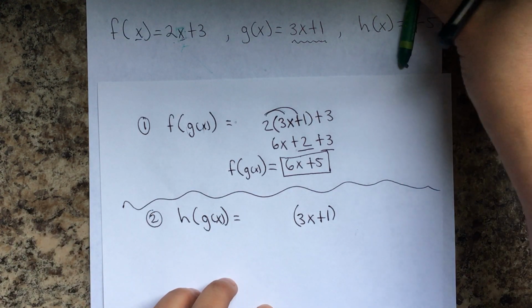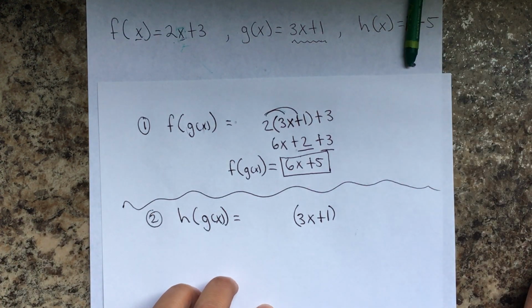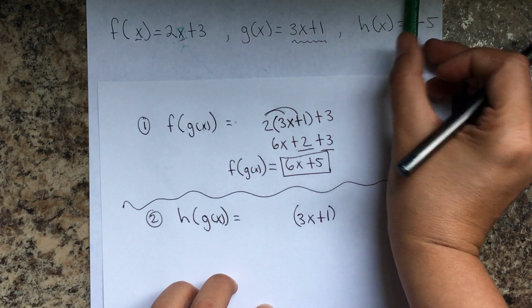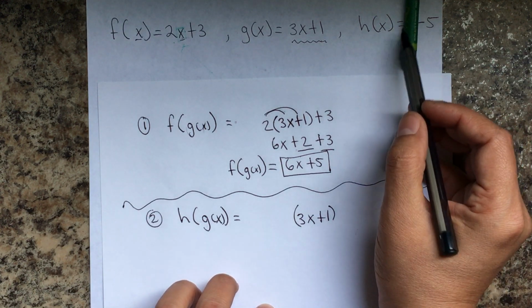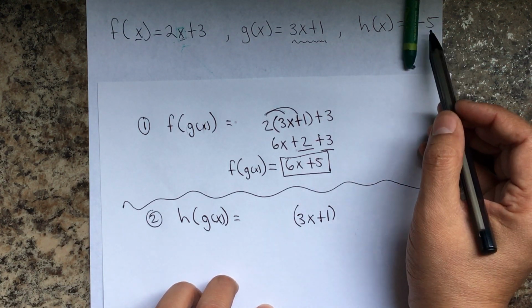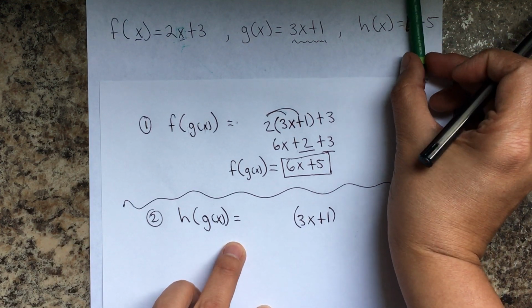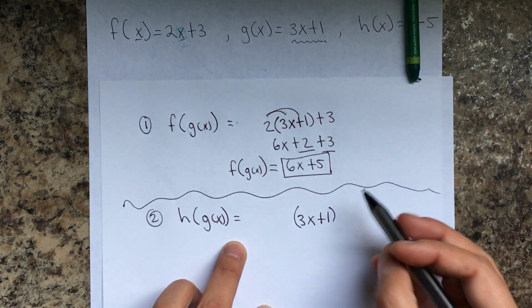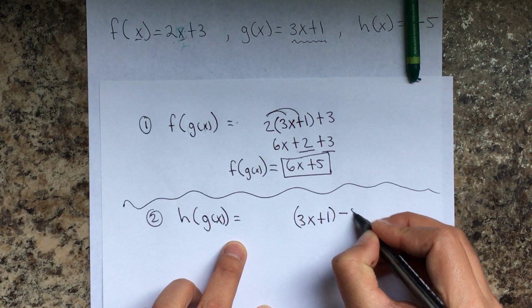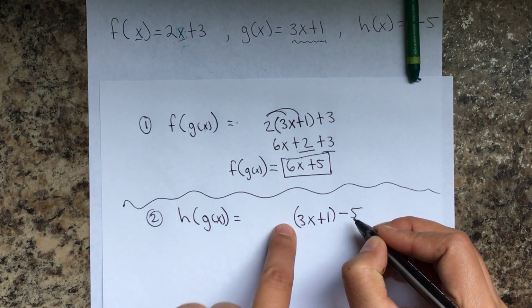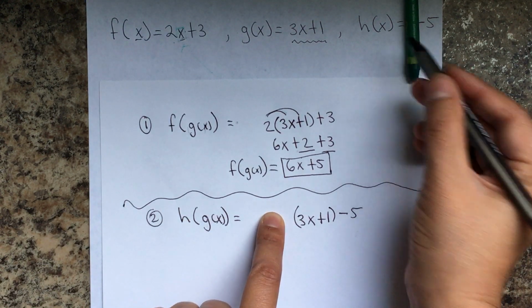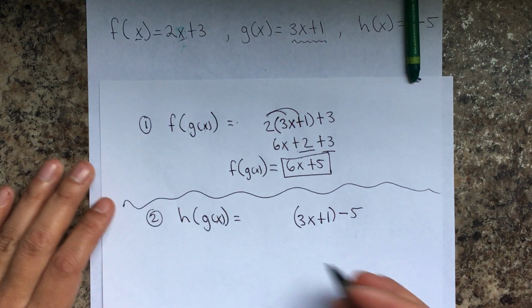I cover that x with something, and then I see what's to the left, what's to the right. There is nothing to the left. It's only minus 5 to the right of that. Okay, so that's what I'm going to write in here. Minus 5. Notice I left a space in here in case there was something as a coefficient, but there is nothing.